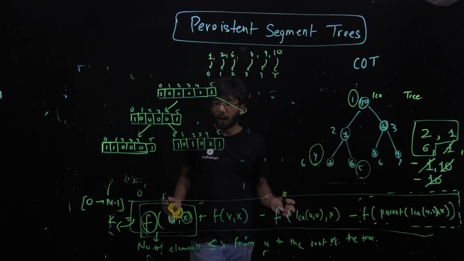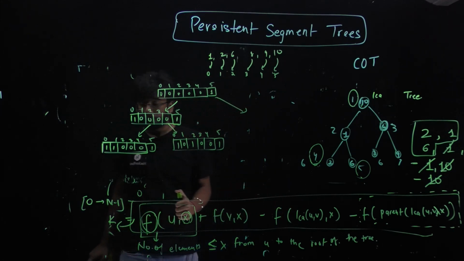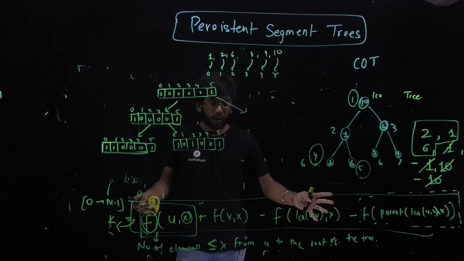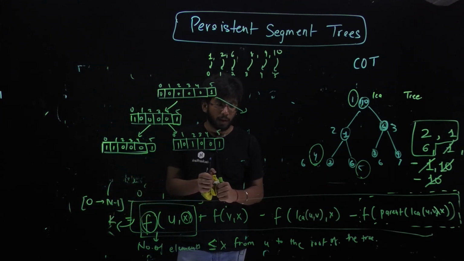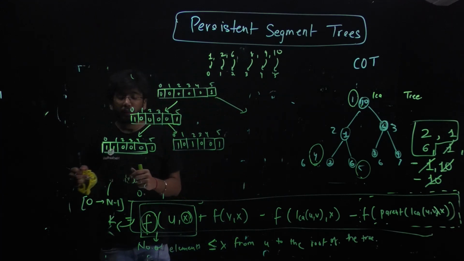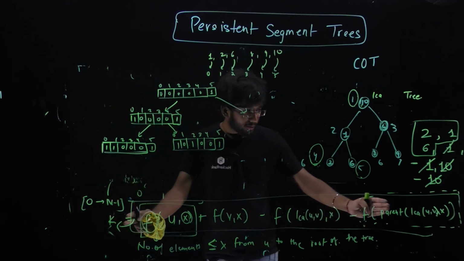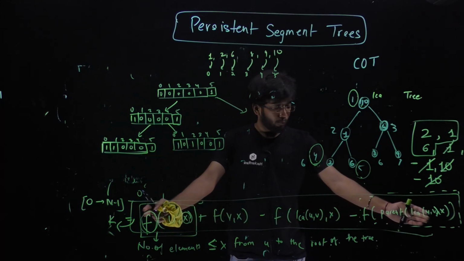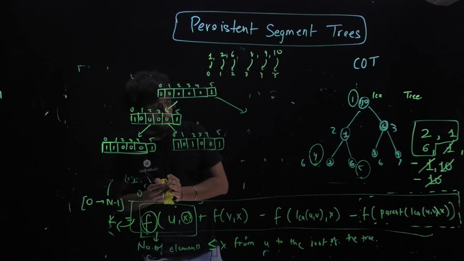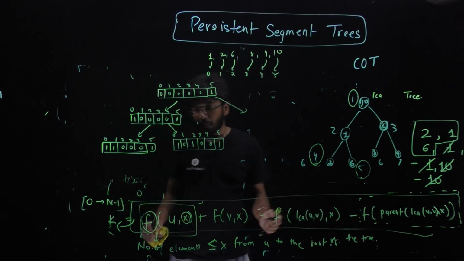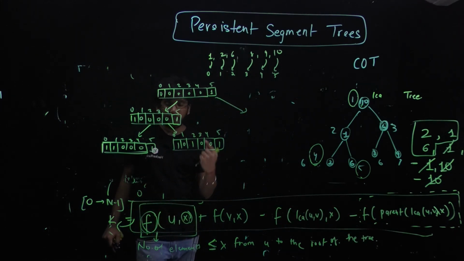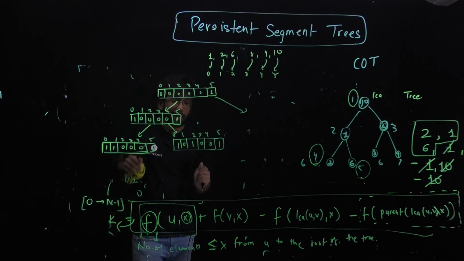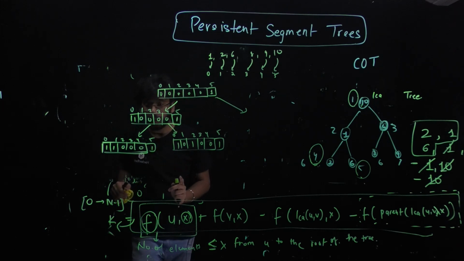But the point I'm trying to make is that we can very easily find this with a binary search. Considering this to be a prefix sum, which obviously it would be, the first place where this prefix sum exceeds k is the point where my answer lies. That is the point where I'll get the kth element.